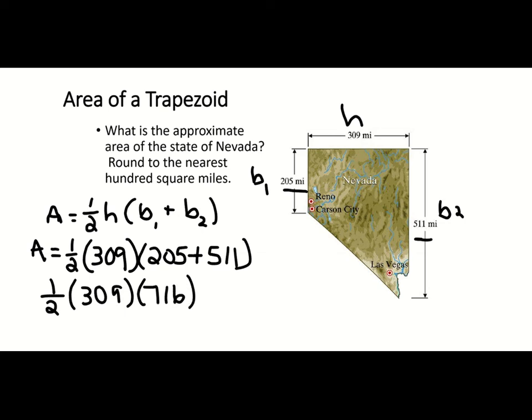And then when we do 1/2 times 309 and then times 716, we end up with the area of the state of Nevada, to the nearest 100 square miles, because they did estimate the mileage a little bit, is going to be 110,622 miles squared, because it's area, so it'll be miles squared for the area of Nevada.